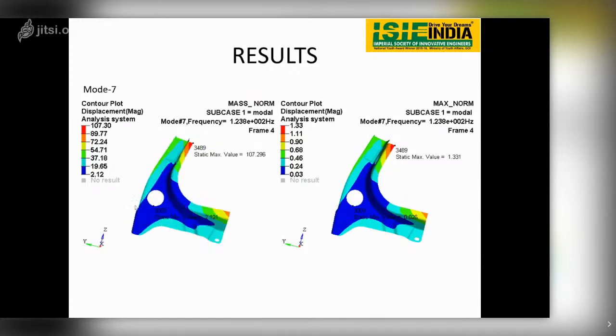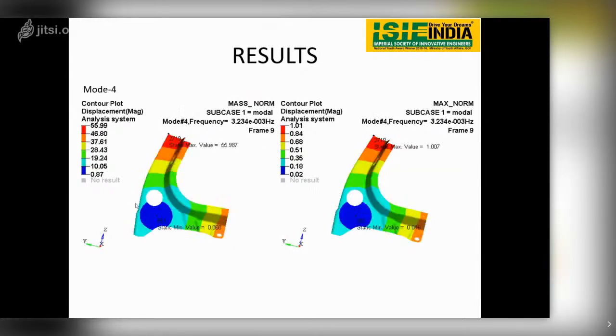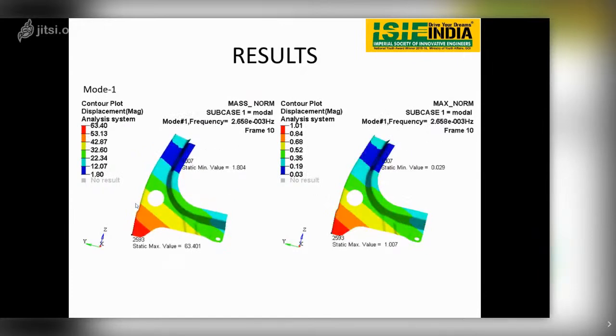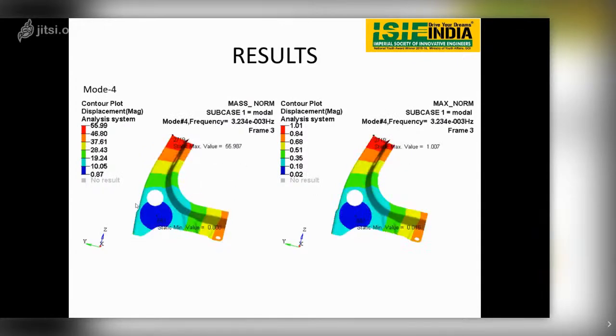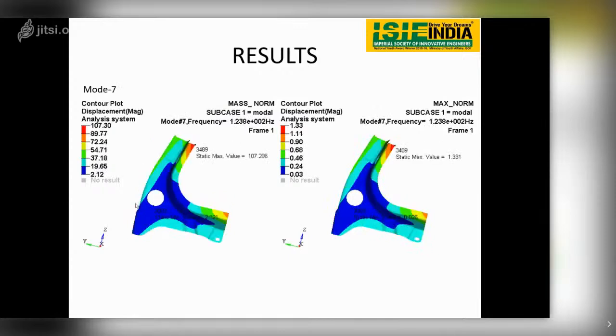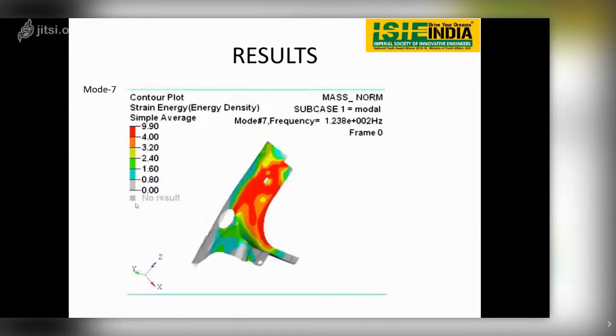The body is changing its shape. In the first 6 modes the body was not changing its shape, but it was changing its position. Now here the body is at the same place, but deforming. Because of such deformation, the strain energy will be induced into the system.